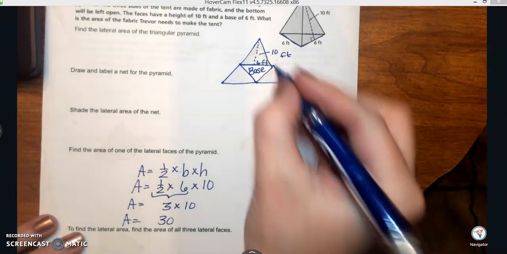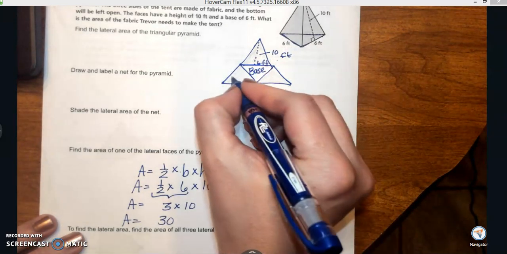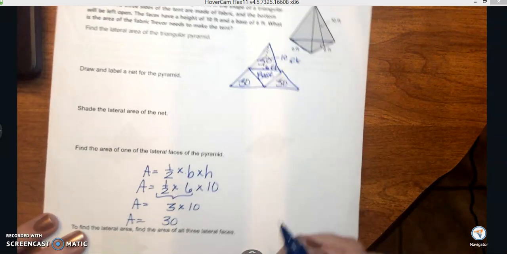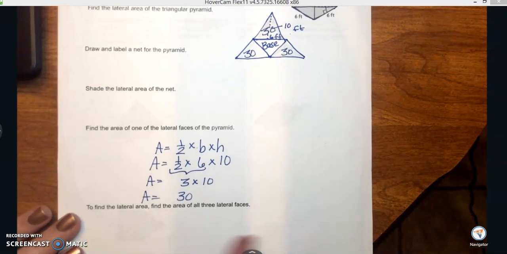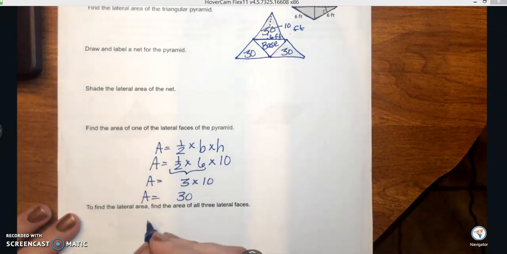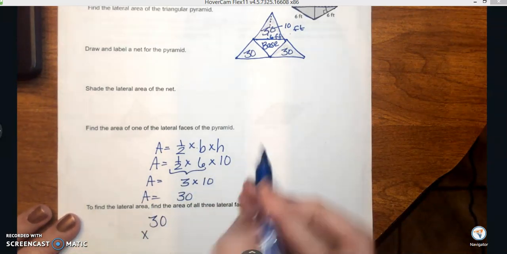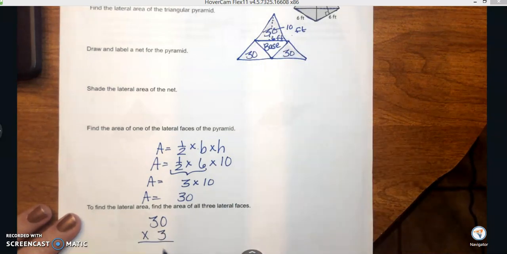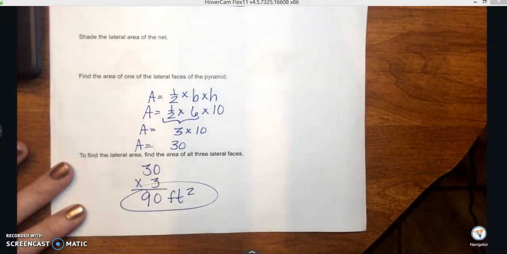So each one of these triangles has an area of 30. To get my lateral area that excludes the base, all I would do is take the 30 and multiply it by the number of lateral faces, which was 3. That would give me 90, and this would be feet squared.